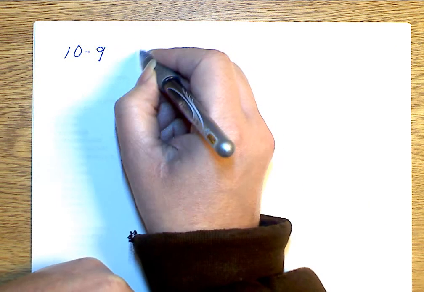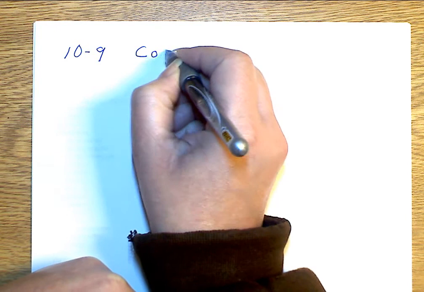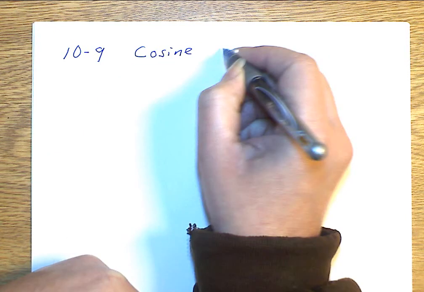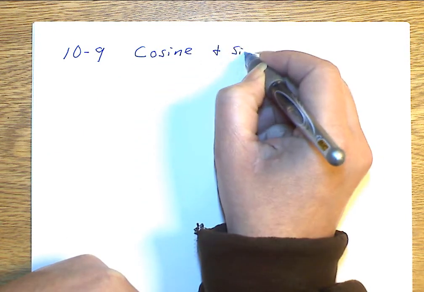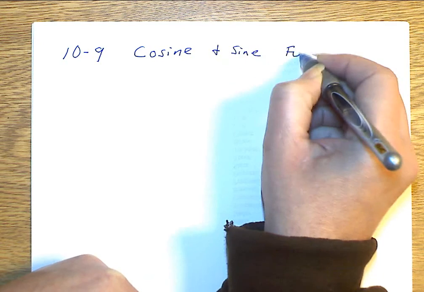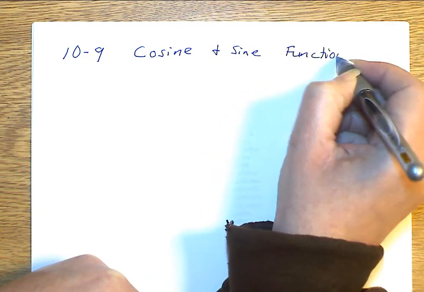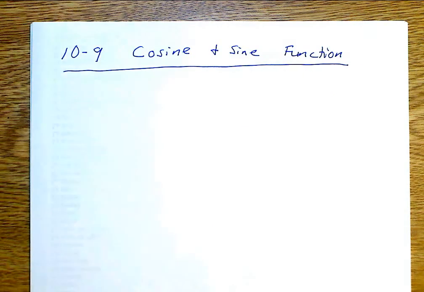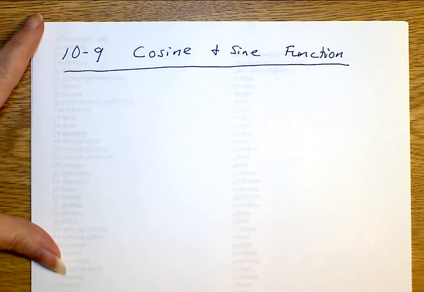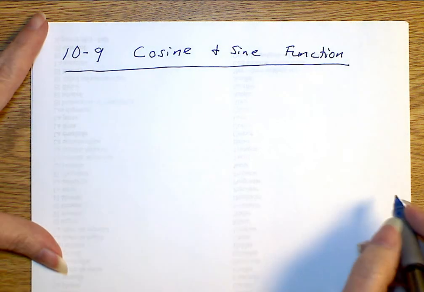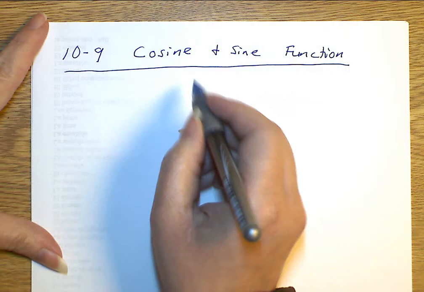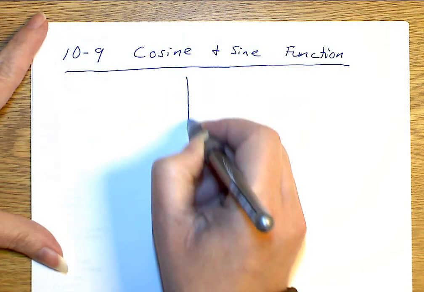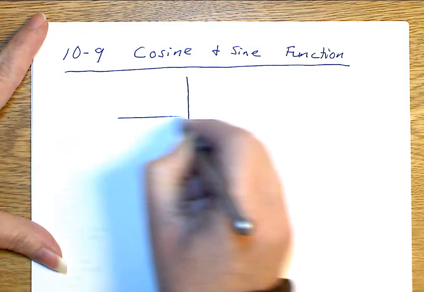10:9 is cosine and sine functions. All right, so the first thing we have to do is think again of our unit circle.